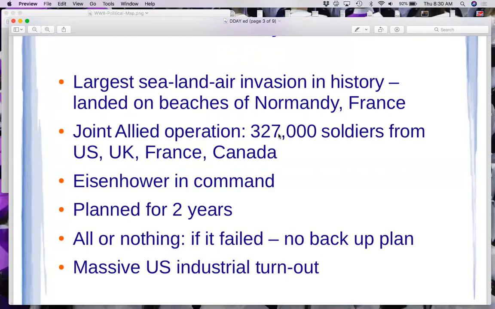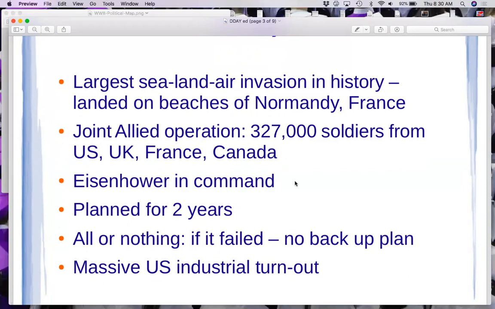If this hadn't worked, the war would have continued, and perhaps Hitler's would have been successful for a much longer time. It also got the U.S. completely out of the depression by this point. The war had been going on for a while, but this was a massive industrial output from the U.S.